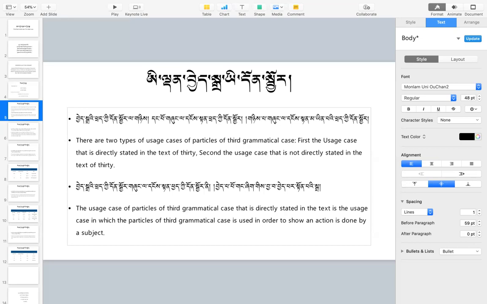That is, the cases which are depicted or understood from the text, but not directly stated there. It's more inferential and mostly shown in the commentaries of the original text.